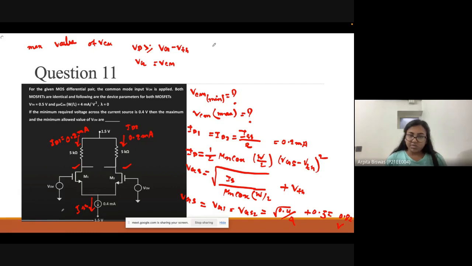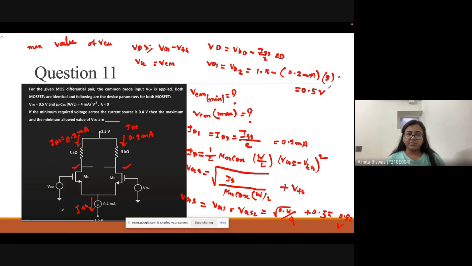Just write the equation VD equal to VDD minus ISS by 2 into RD. As the two transistors are identical, VD1 equal to VD2 equal to 1.5 minus 0.2 milliamps into 5 kilo ohm, so the value comes out 0.5 volt. So we are getting here the VD1 or VD2 and the VGS value.